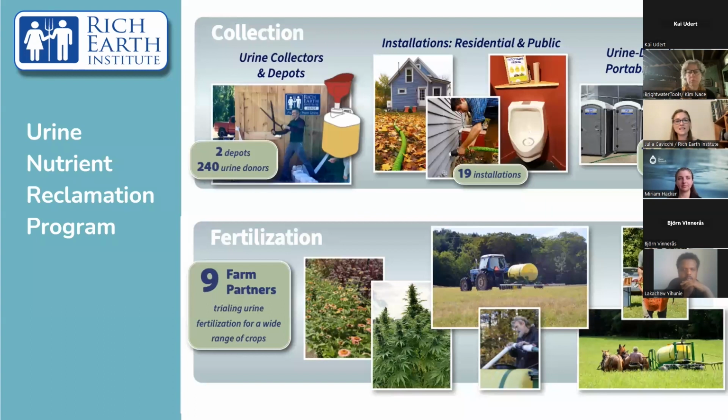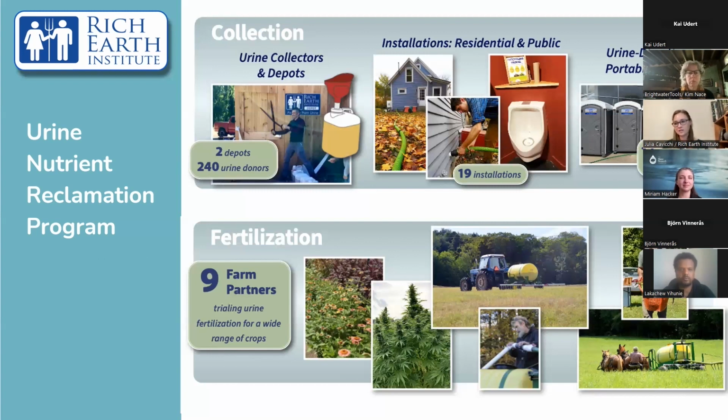On the next slide, we have a very brief snapshot of what our program entails. We have a wide range of means of collecting our liquid gold. The main and earliest mode of collecting the urine is through these portable urine collectors on the left here, which we colloquially call the Cubian funnel device. And it's basically a 2.5 or 5 gallon jug with a watertight funnel that we have some plumbing part adaptations that connect it.